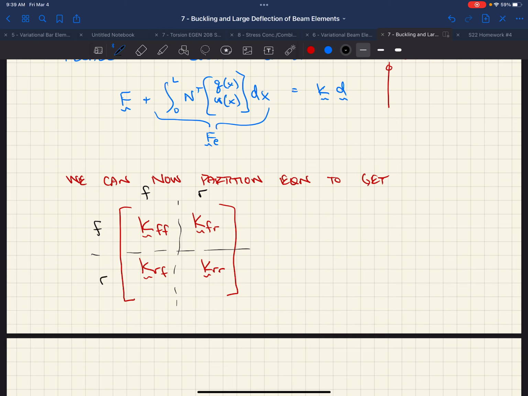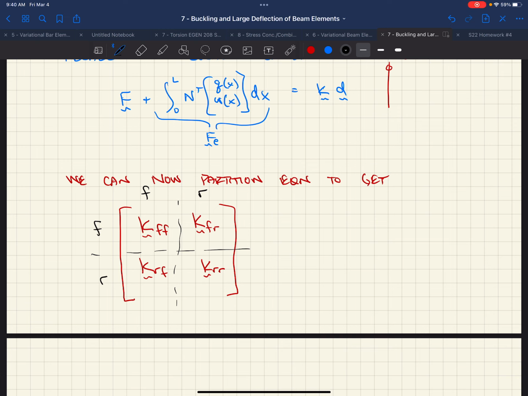It shuffles it around, so that our degrees of freedom that were fixed, non-released, are in one area, and anything that references back to the released degrees of freedom, we move into our stiffness matrix.